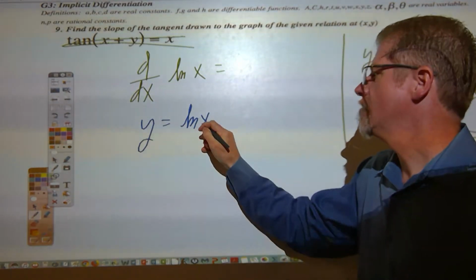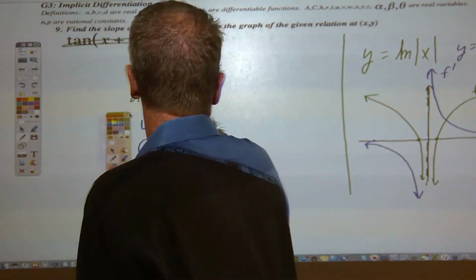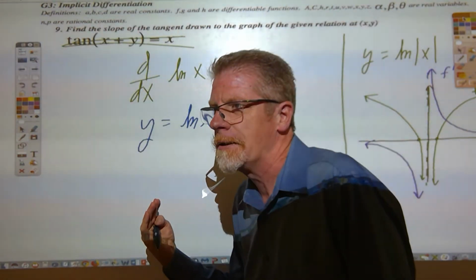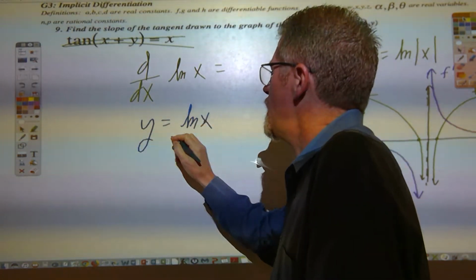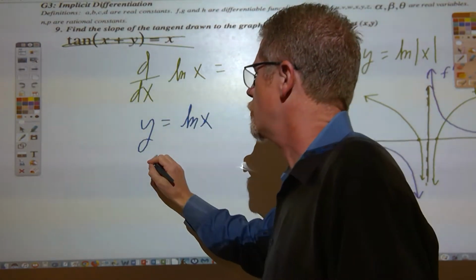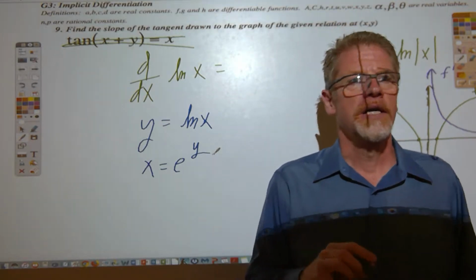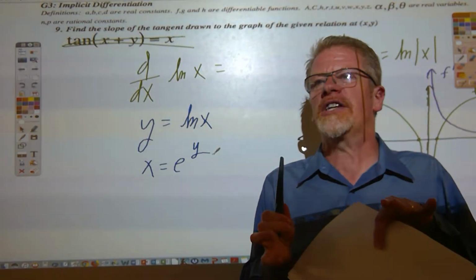That's our starting point. Step one, y is the natural log of x. Now, to find the derivative of this, let's exponentiate. Because we don't know the derivative of natural log x, but if we exponentiate this, isn't it true that e to the y equals x, or in other words, that x equals e to the y? Does that look consistent with what you learned about logs back in Algebra 2?